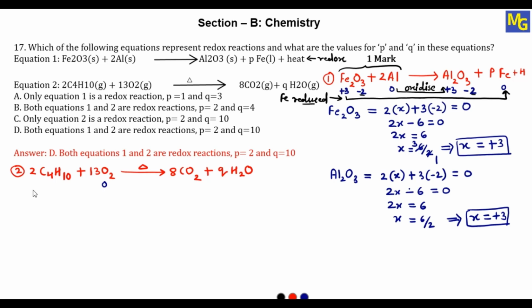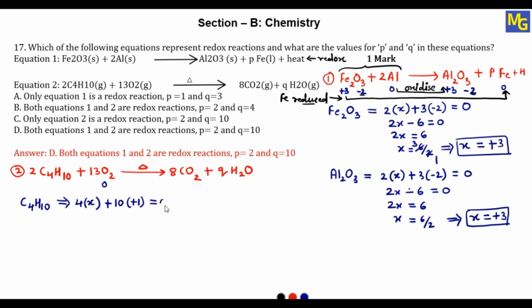We have to find out first for carbon. For carbon I'll take C4H10. Therefore I will take x for carbon. We have 4 carbon, so I took 4; x is the oxidation state of carbon, which we don't know. Then plus, how many hydrogen? 10. The oxidation state of hydrogen, as we all know, is plus 1.